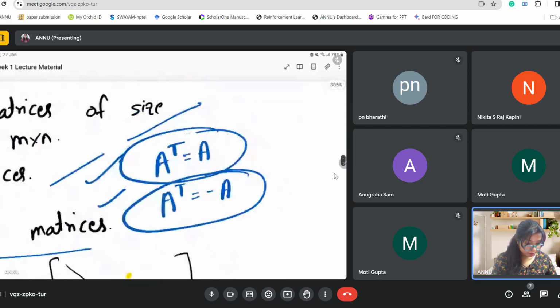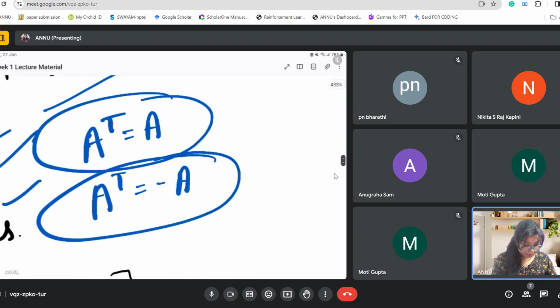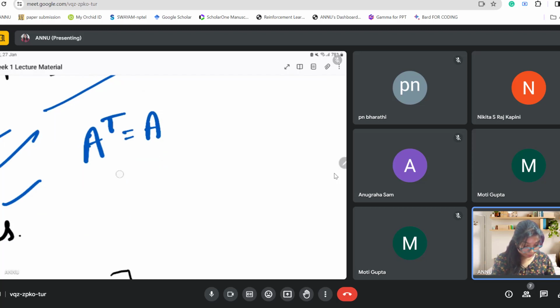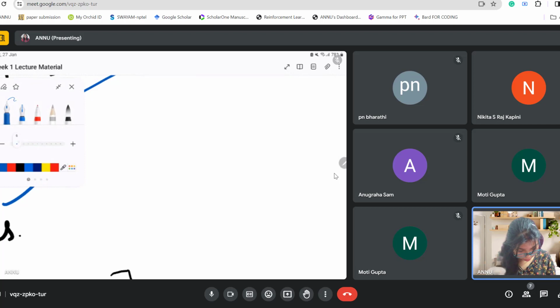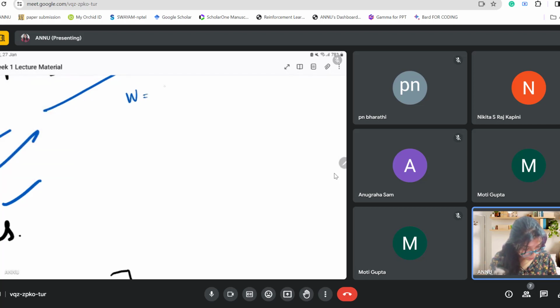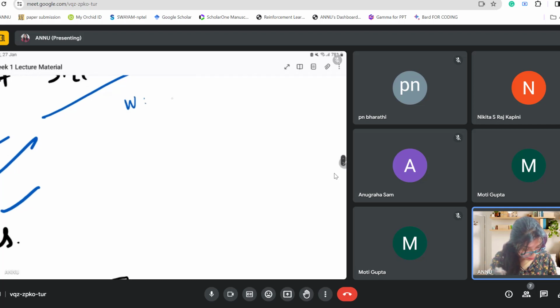Let us try to see how. So you have W, the set of all matrices A such that A transpose equals A. And this is a subset of R^(m×n).